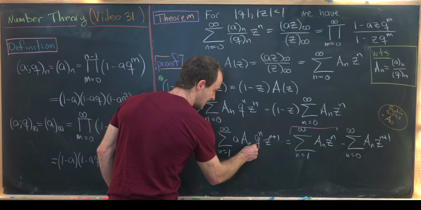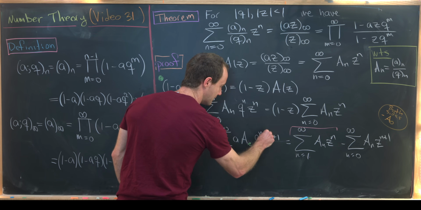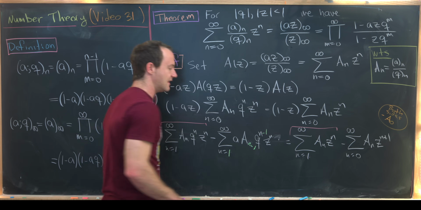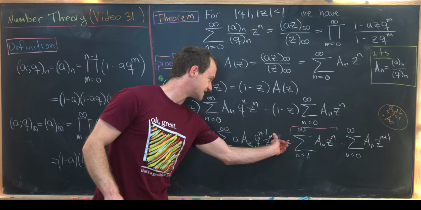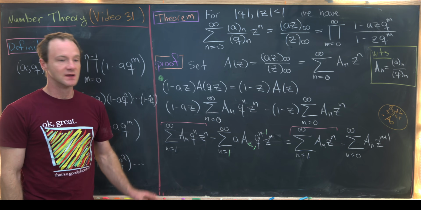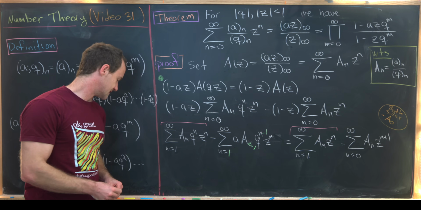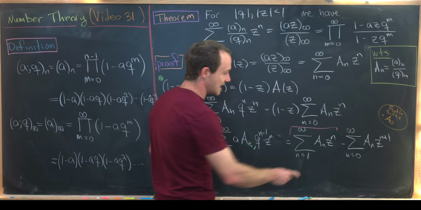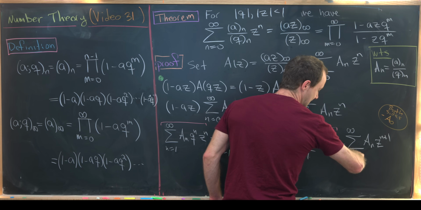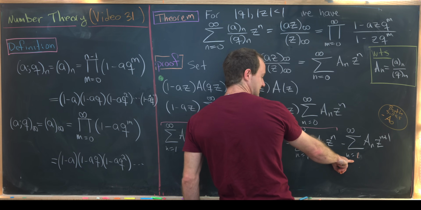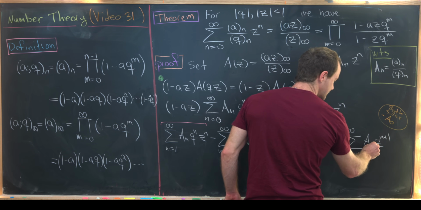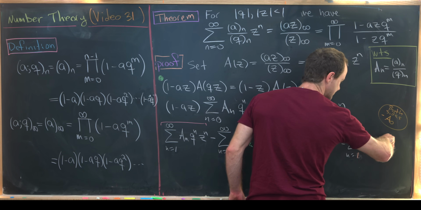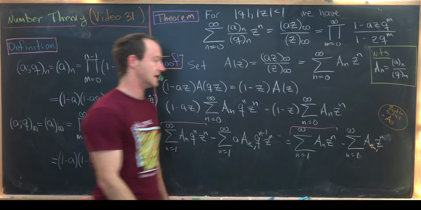And now we'll have an n minus 1 here, an n minus 1 here, and then an n minus 1 plus 1, or just an n there. So that's just from re-indexing this sum. And then we can do the same thing over here. We'll replace n with n minus 1. That's going to mean this will start at 1. This will be now n minus 1, and this will be z to the n.